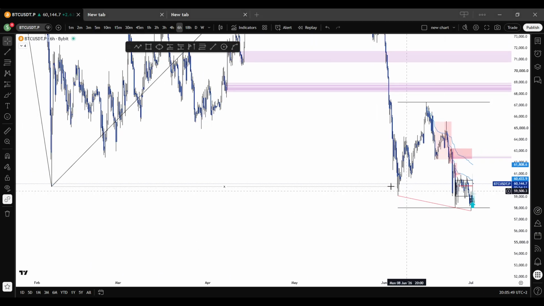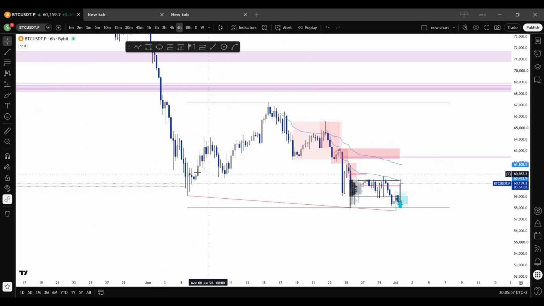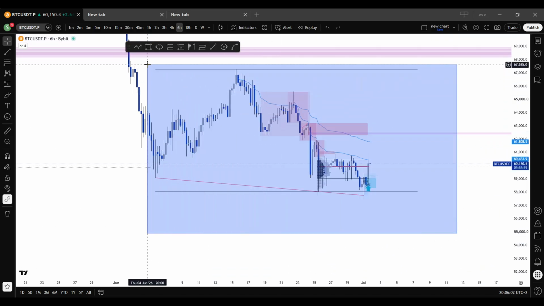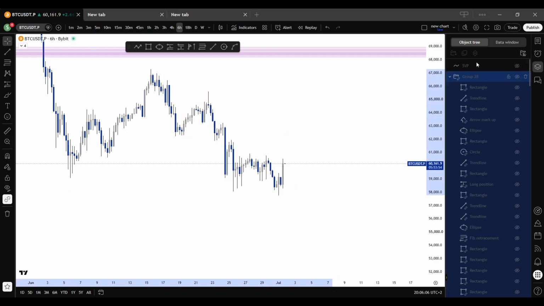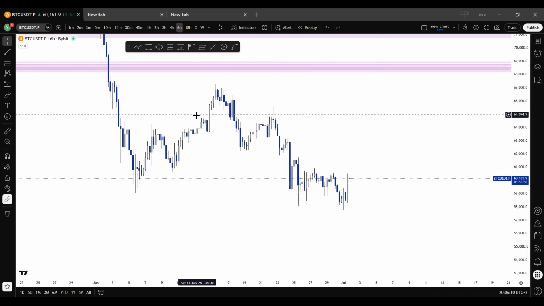Basically, at the beginning of June, we swept this 59K low, but here I didn't really look for any trades, so it kind of started. Wait, let me just refresh everything. Everything kind of started around here.